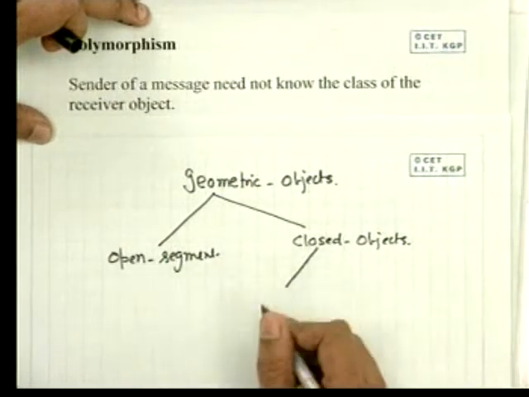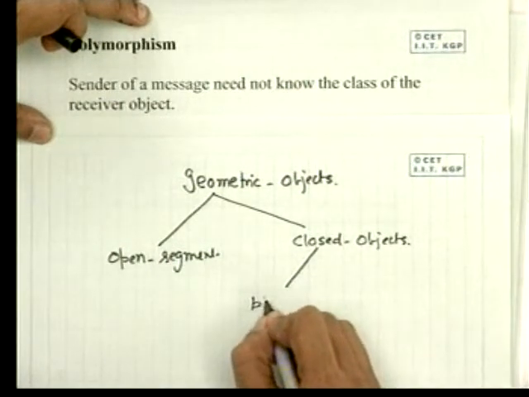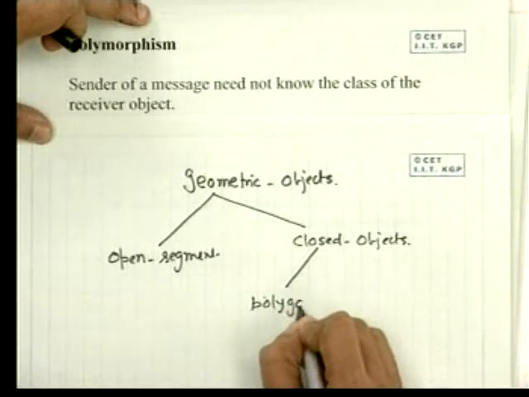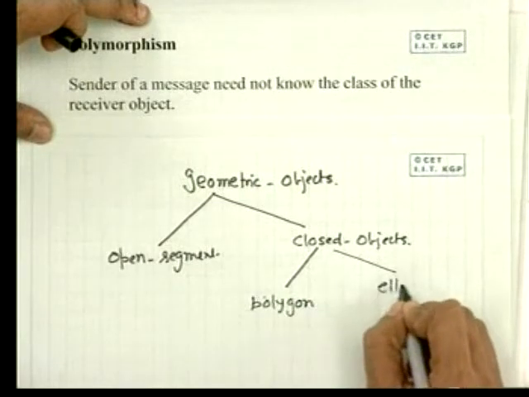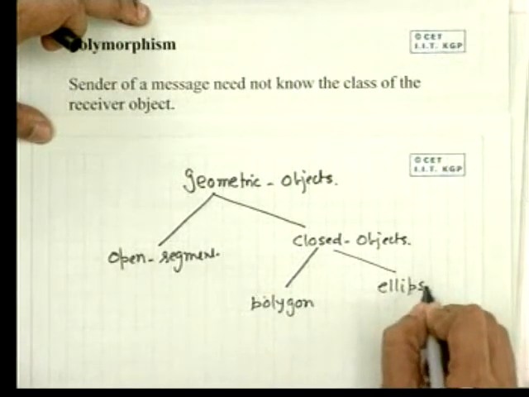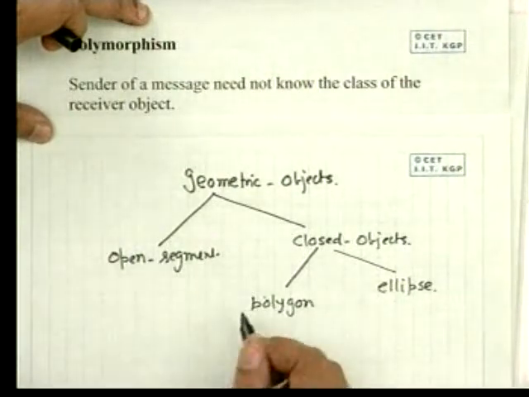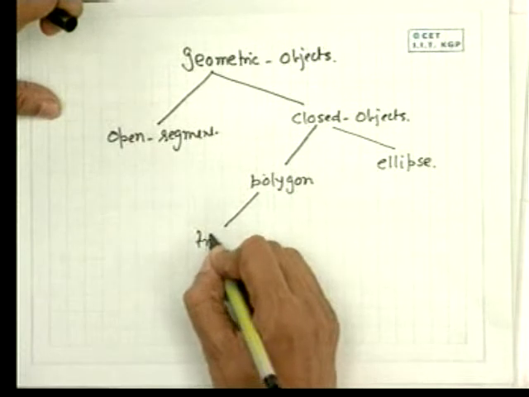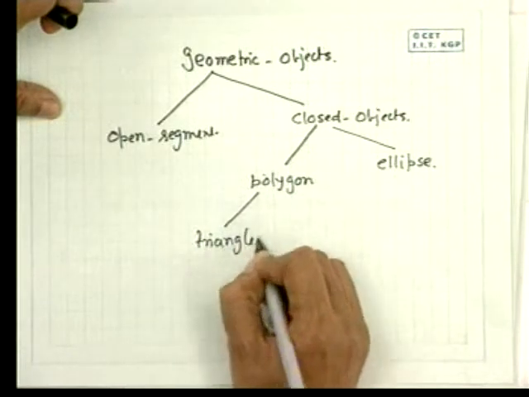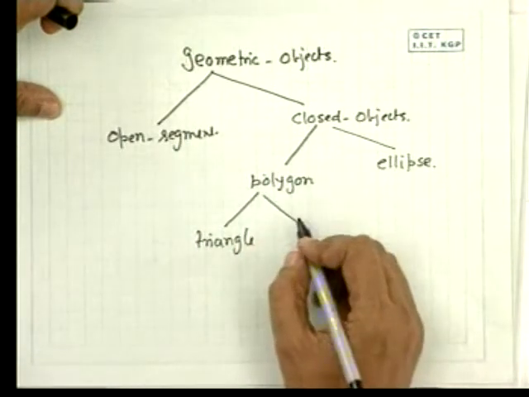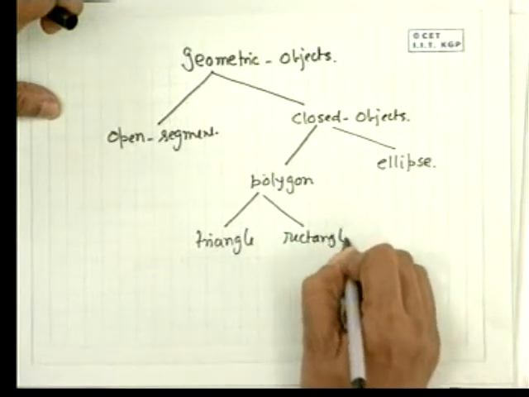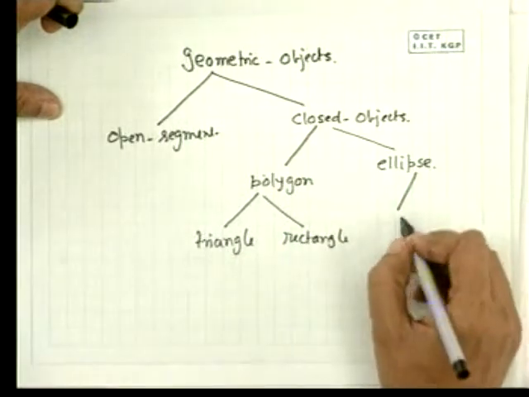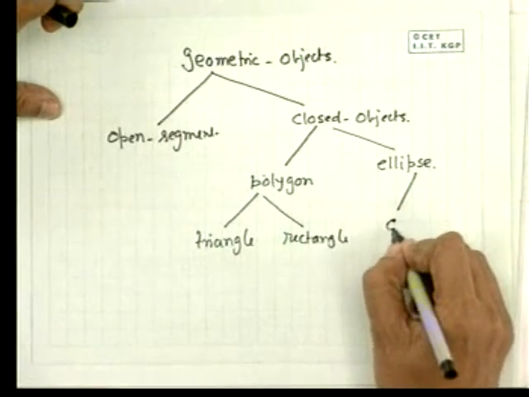and under the closed objects we have different classes, say polygon, we have ellipse, and under the polygon we have a special class called triangle. We may have another special class called rectangle, and so on. In this case we have a special class called circle.